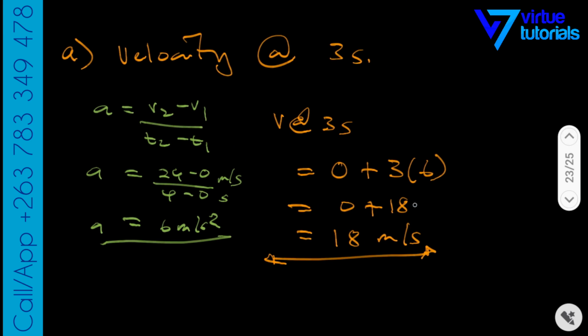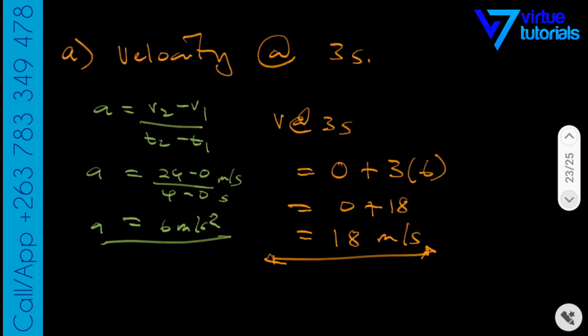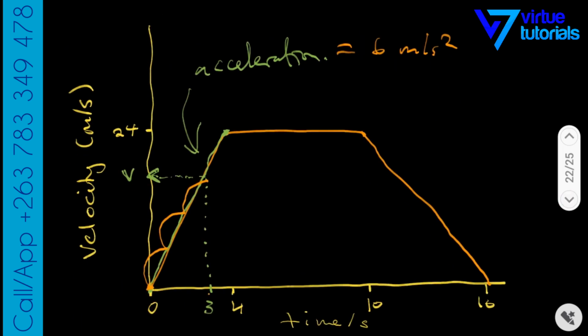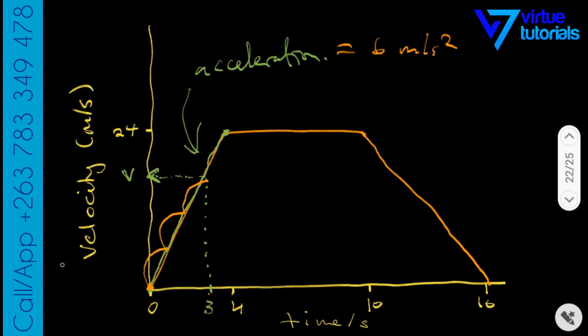All right. So now let's move forward. Let's try finding velocity at 15 seconds. And again, the first thing you want to do is to say, okay, where is my 15 seconds? So let me use maybe blue. Just clear this off so that we make more room.